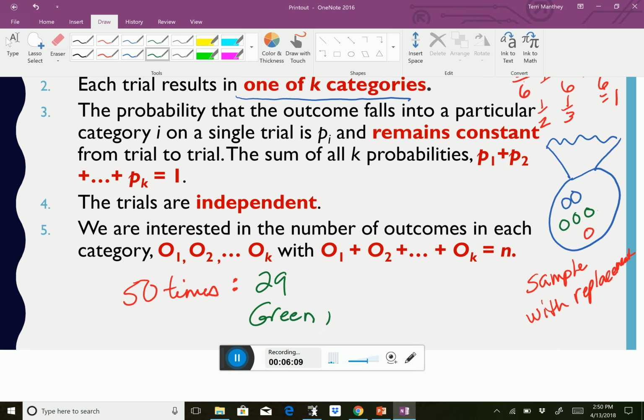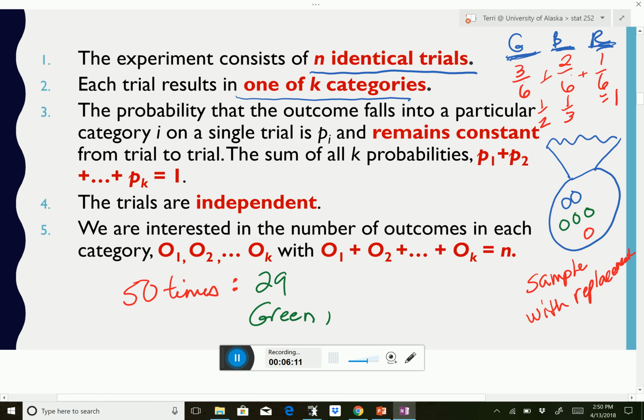And then we got, let's see, 17 blue. And then what would be left here? Then we'd have what? 6. So only 6 left?